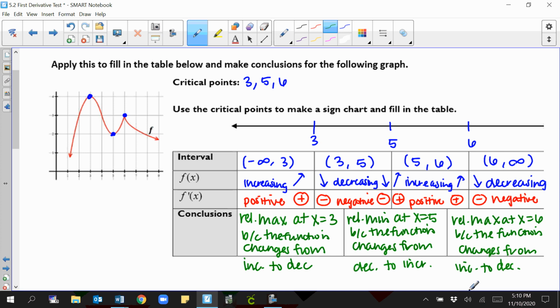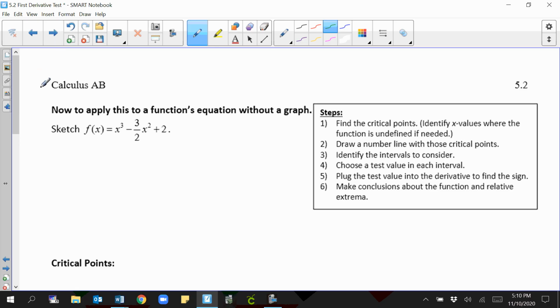Okay, so for this one, they gave us a graph. Let's look at what happens when they just give us an equation, which is what most of your problems that deal with this are going to look like. So our first step is to find the critical points, which we did in our last little video, our last section. So remember, we're going to take our derivative. So f prime of x is equal to 3x squared minus 3x.